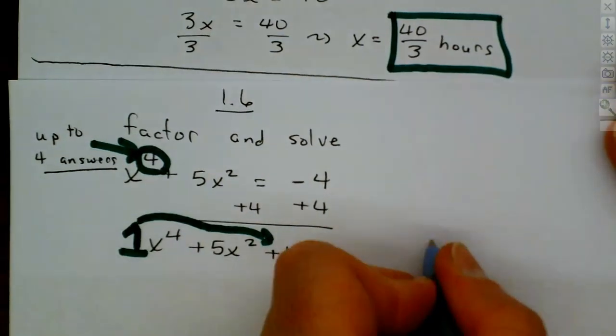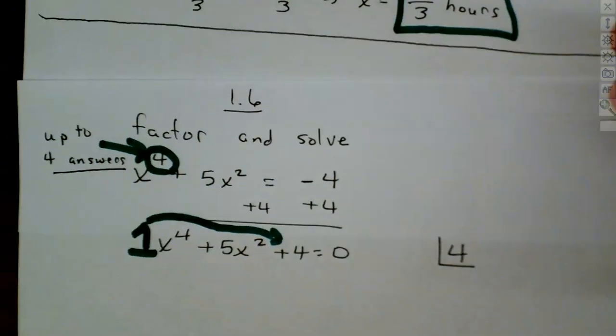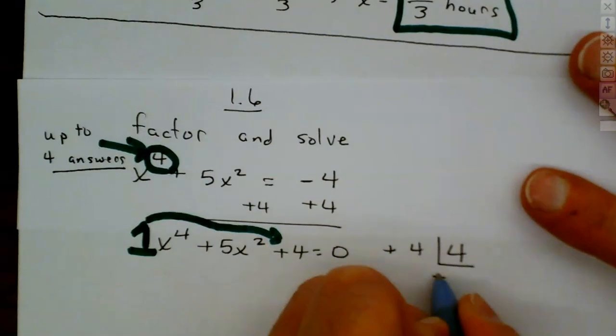And what two numbers multiply together to give you 4, add together to give you 5? Pretty easy. We're going to use a 4 and a what? 4 and 1. Okay, I made this one easy to factor because I want you to see how you're going to get the solutions. So we're going to use a positive 4 and a positive 1.